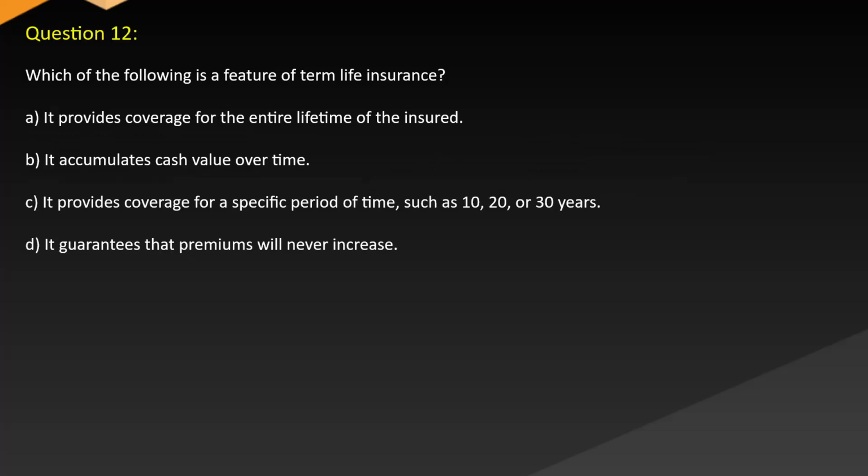Question 12. Which of the following is a feature of term life insurance? A. It provides coverage for the entire lifetime of the insured. B. It accumulates cash value over time. C. It provides coverage for a specific period of time, such as 10, 20, or 30 years. D. It guarantees that premiums will never increase.